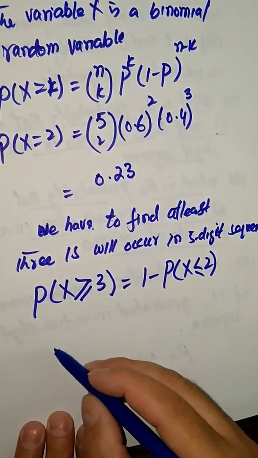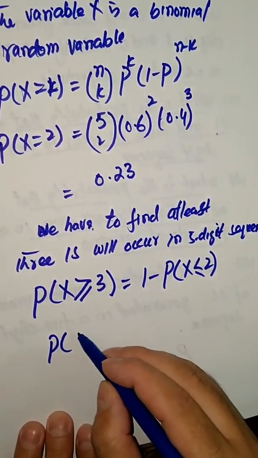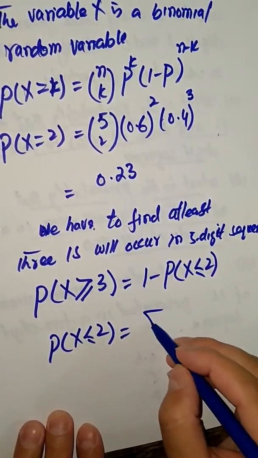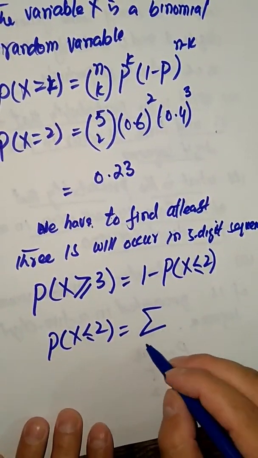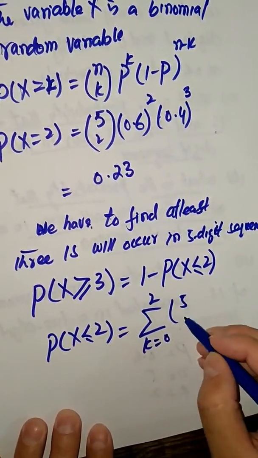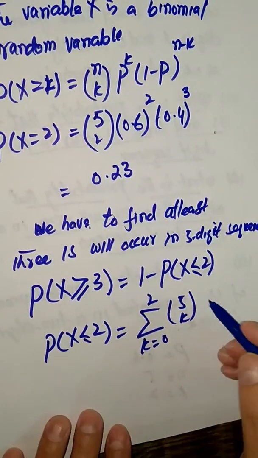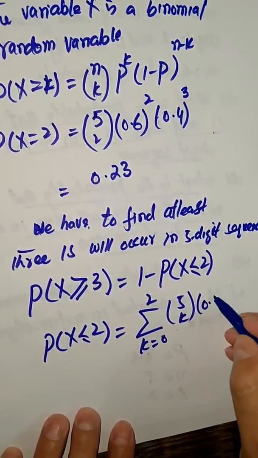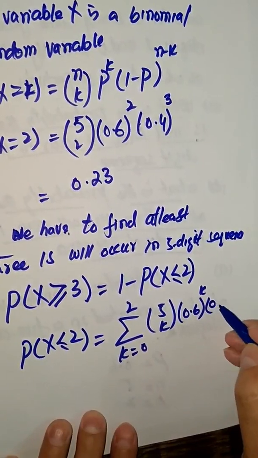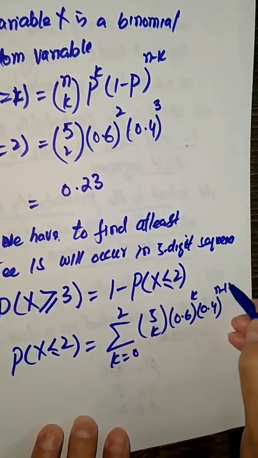So first let us find the probability that x is less than or equal to 2. This would be equal to summation k is equal to 0 to 2 of 5 choose k, 0.6 raised to the power k, and 0.4 raised to the power n minus k.